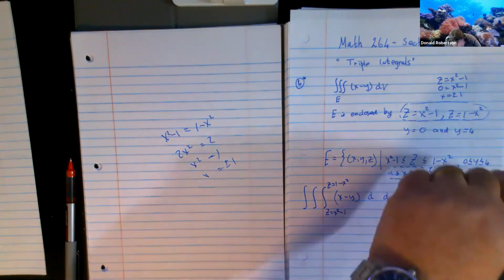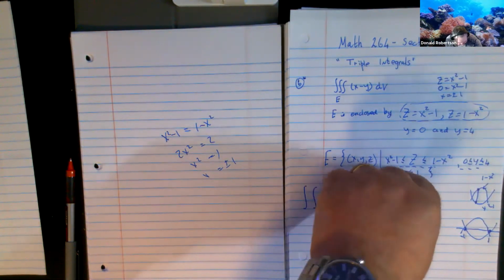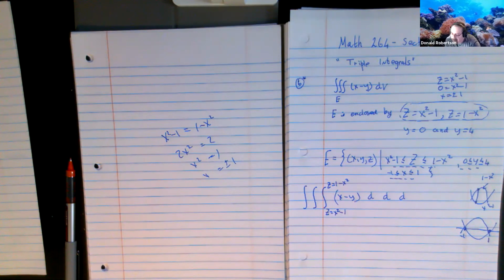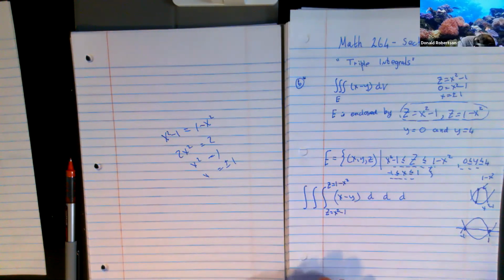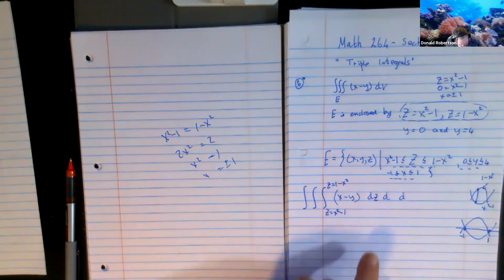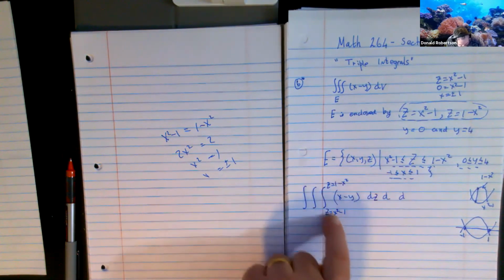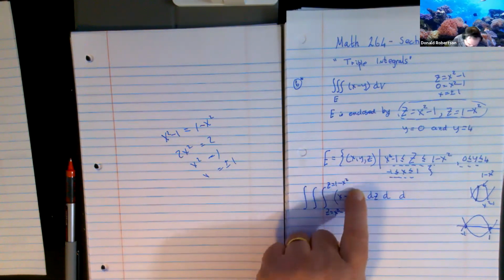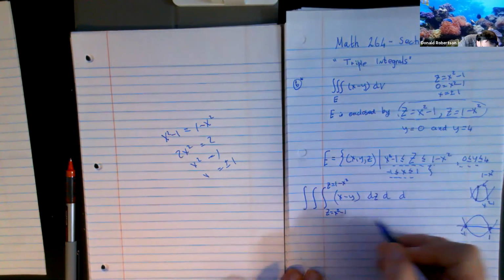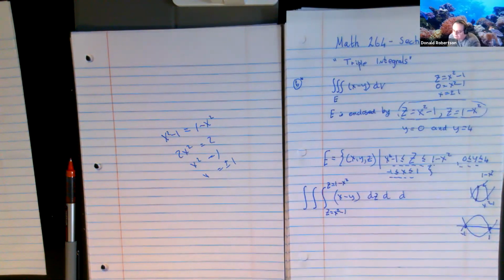Now these are numbers and these are numbers, agreed? Now in this particular question, once I've done the dz, can you imagine that this expression is going to have x's and y's in it? But since both of these limits are numbers, it's not a big issue.